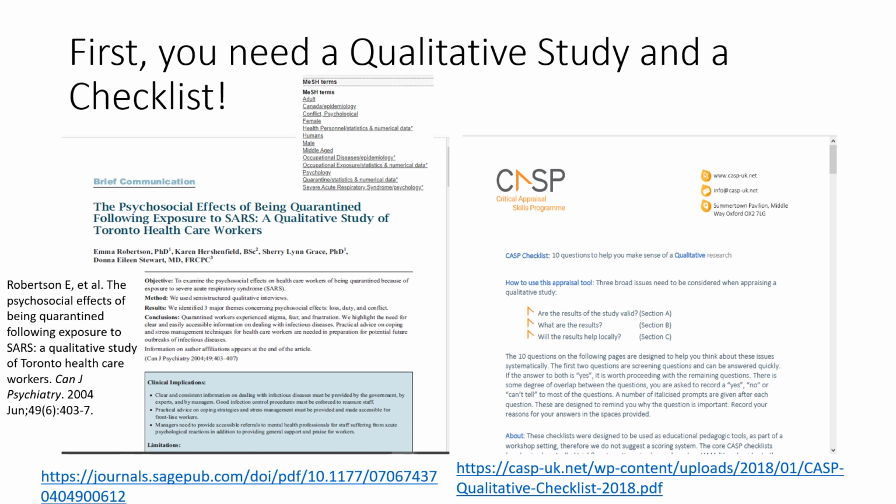In this case, we've identified a study on the psychosocial effects of being quarantined, conducted in Toronto healthcare workers, and the next stage is to match that with an appropriate checklist that prompts us to ask the right questions of the study. And the checklist that we have available is the Critical Appraisal Skills Program checklist, specifically with 10 questions to help you make sense of a qualitative research study.